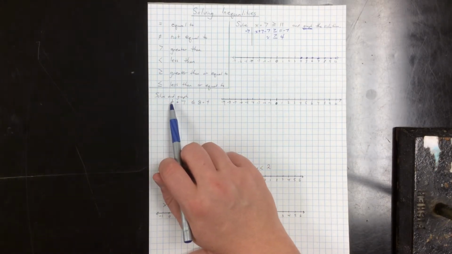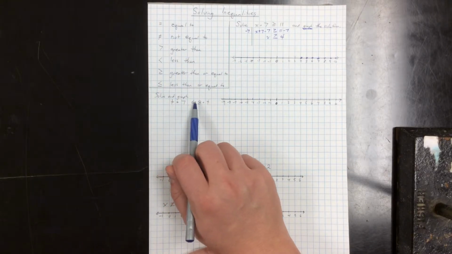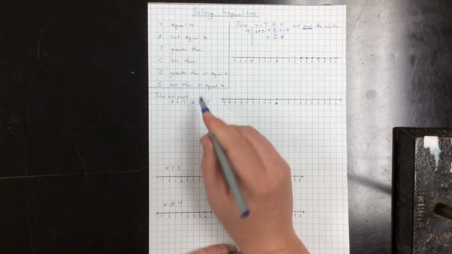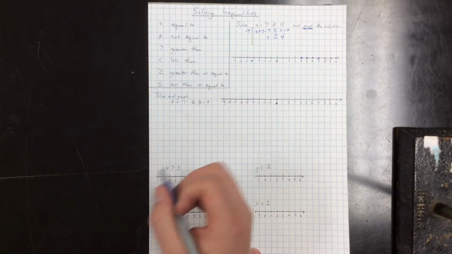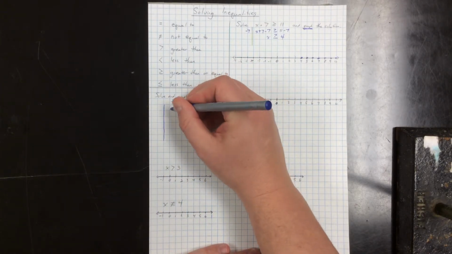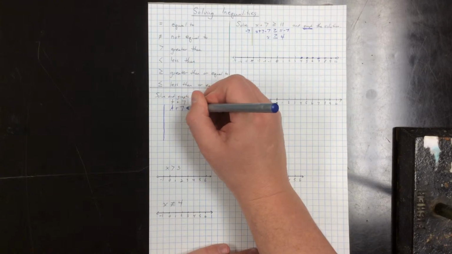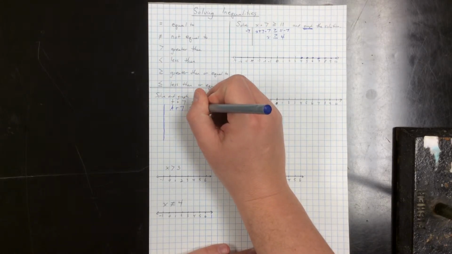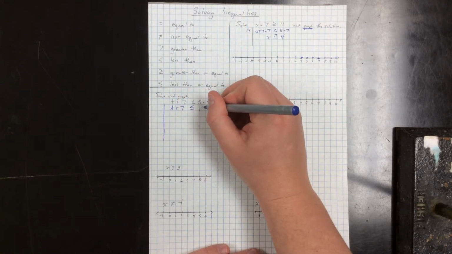Solve and graph again, but let's start with the variable t. T plus 7 is less than or equal to 8 plus 4. So let's just simply start by collecting like terms, or answering 8 plus 4, as our first step. So we have t plus 7 is less than or equal to 12.